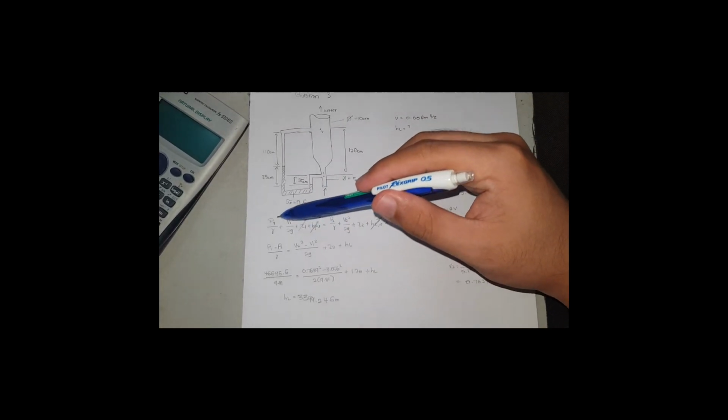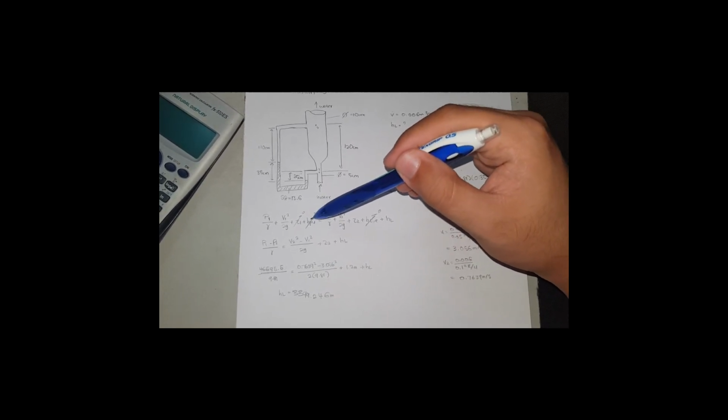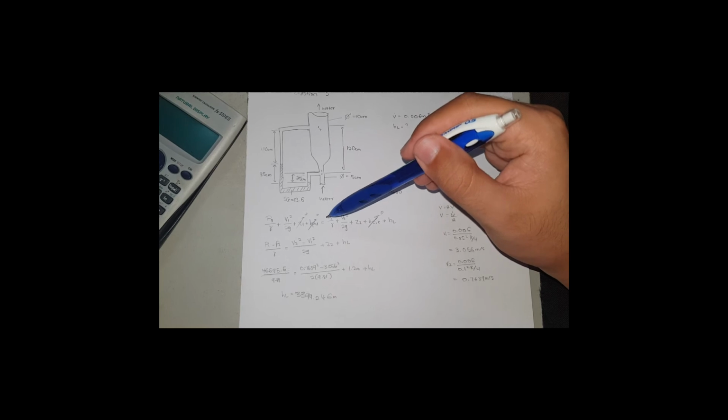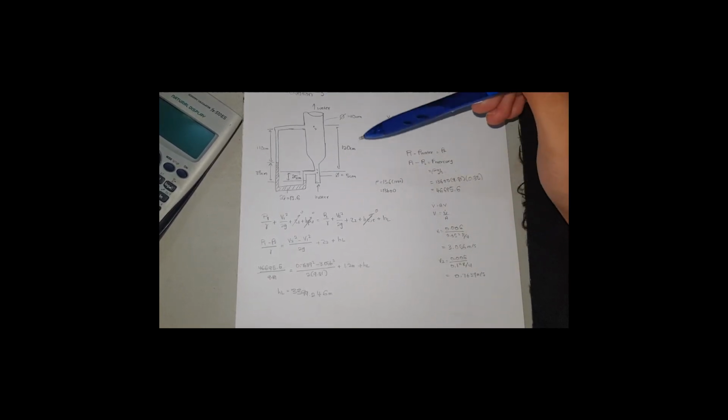Okay, by using the Bernoulli equation, p1 over gamma plus v1 square over 2g plus z1 plus h pump equal to p2 over gamma plus v2 square over 2g plus z2 plus h turbine plus head loss. As usual, from the diagram we can analyze what we can cancel out.